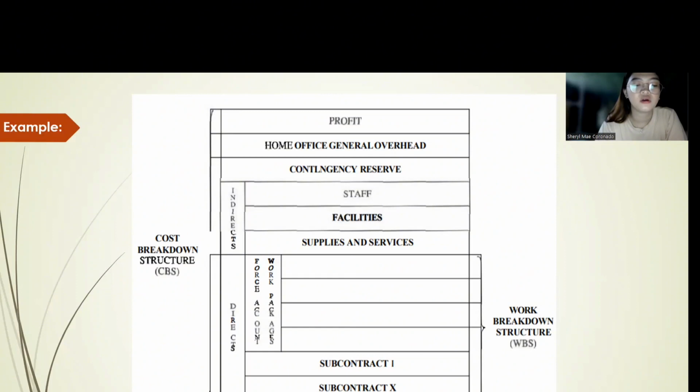The quantity takeoff from the plans and specifications is used as the basis for direct labor, materials, and equipment costs. The cost estimate should also consider the method of construction and the sequencing of work for development of the project schedule.